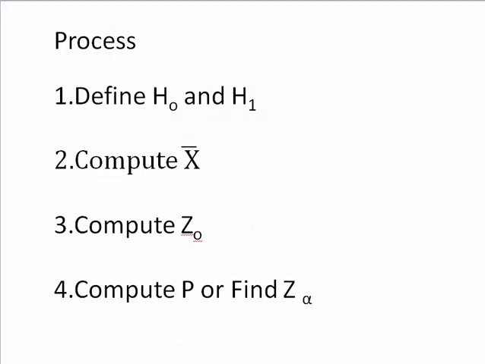So again, we need to go back and define our null hypothesis. So in this case, our H naught is going to be mu naught is equal to 24, because 24 is the average lifespan of the Delta 747 fleet.